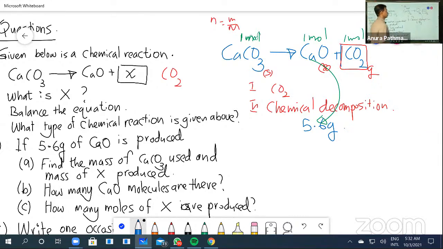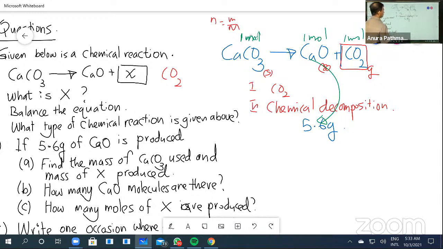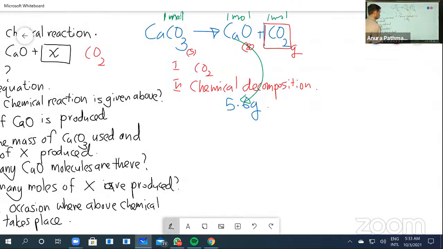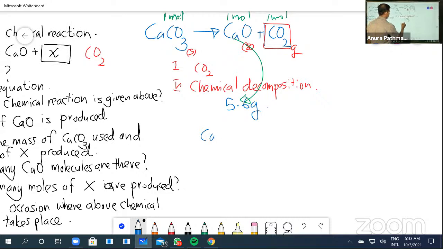Now, calcium oxide. The very first thing in this question that you have to do is convert this one into moles.